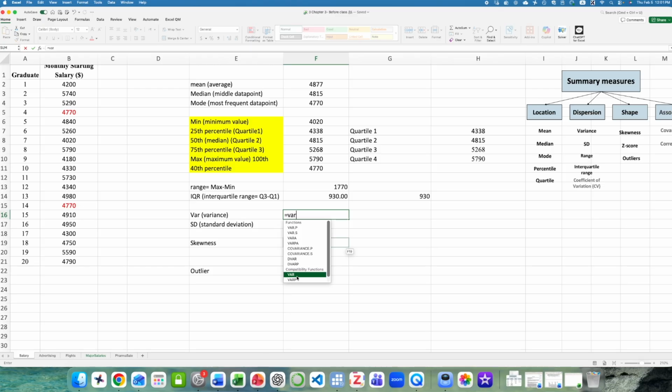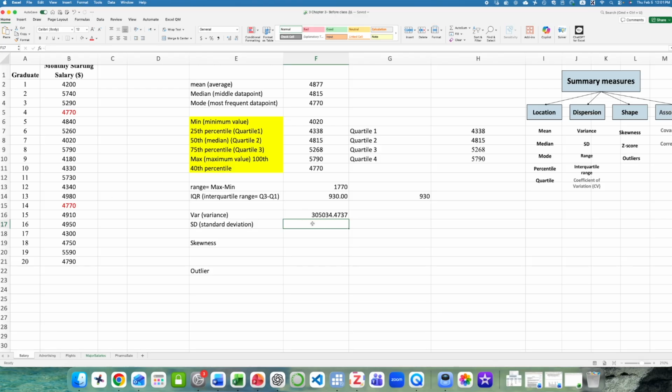I would choose VAR.S and then the array of the salary, because our data is obviously a sample. Then close the parentheses. Variance tells us how far salaries deviate from the mean. Larger variance means more spread.